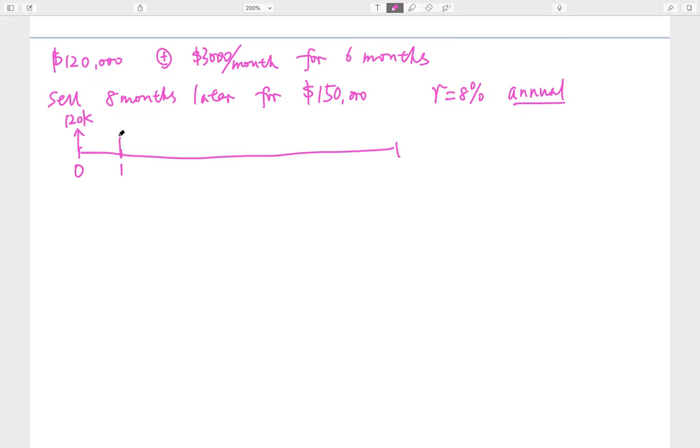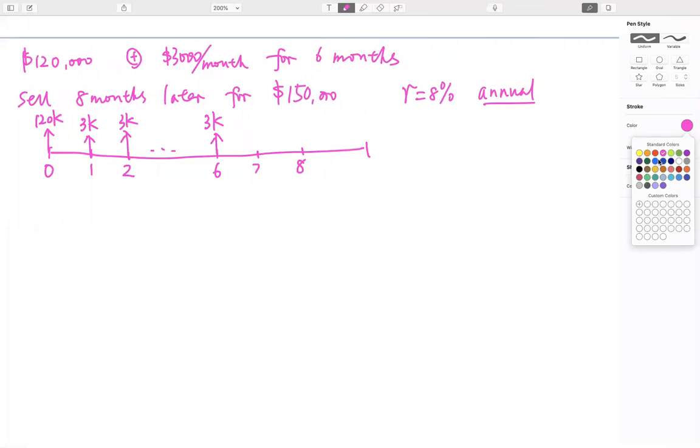This is month 1. You pay 3K. Month 2, you pay 3K, and so on until the end of month 6. You pay 3K, and finally 7, 8. Okay, then you have money in. Well, we can use a different color. 150K. So that is the entire cash flows.